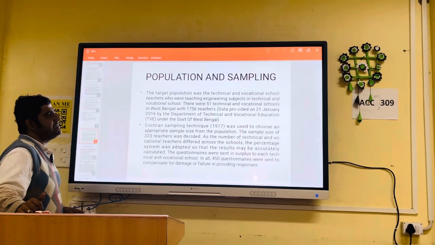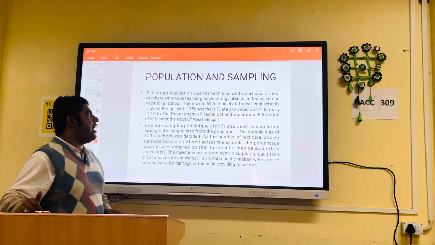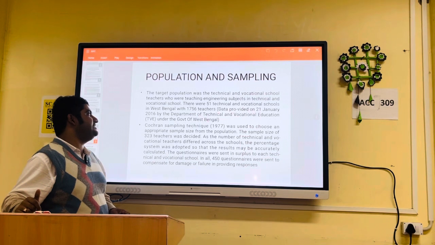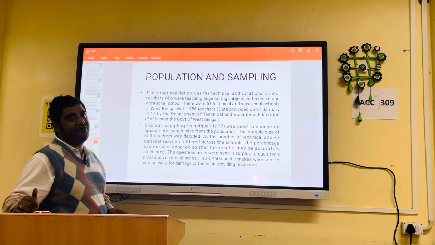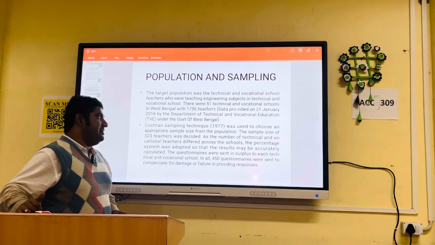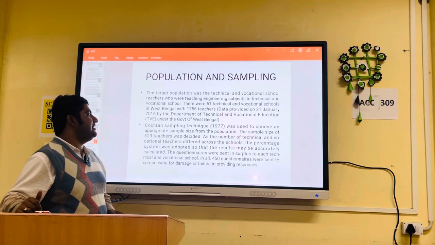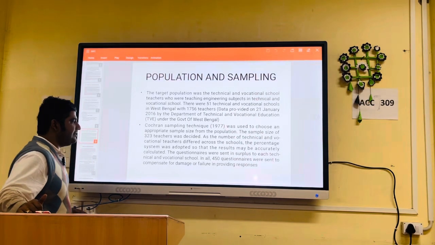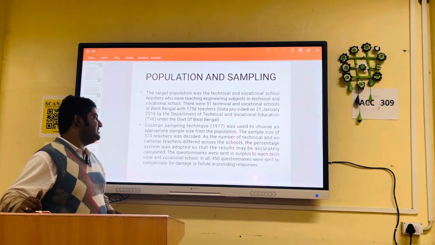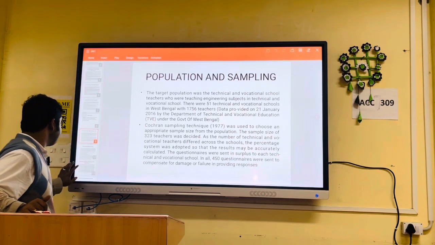There were 51 technical and vocational schools in West Bengal with 1,756 teachers, as given by the 2016 data by the Department of Technical and Vocational Education, Government of West Bengal. Krejcie and Morgan's sampling technique, which was created in 1970, was used to choose the sample. 323 teachers were decided. Finally, 450 questionnaires were sent as compensation for damage or failure in providing responses.